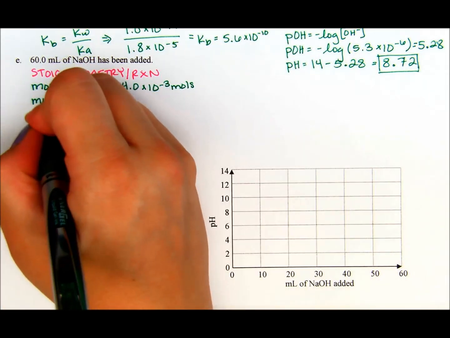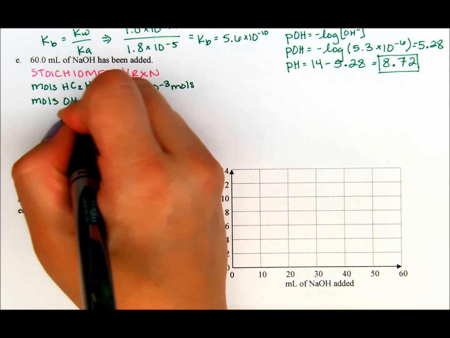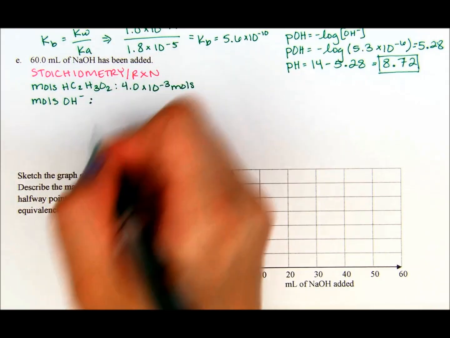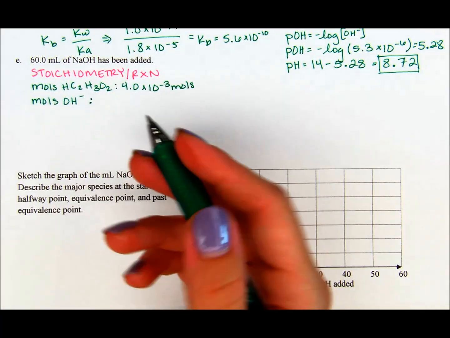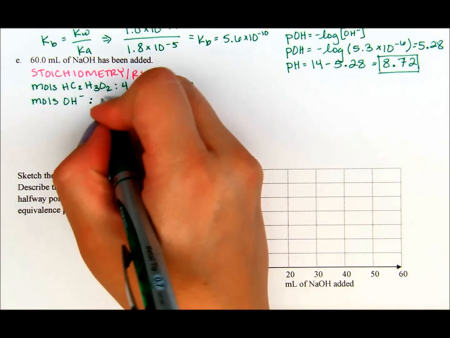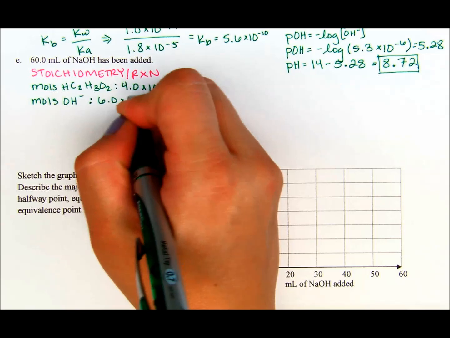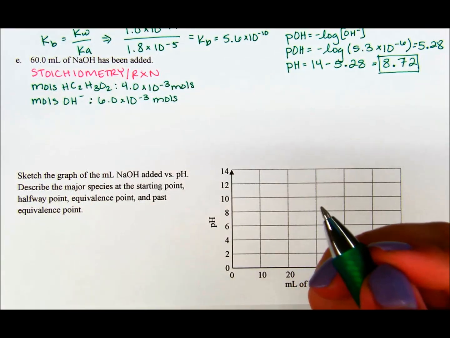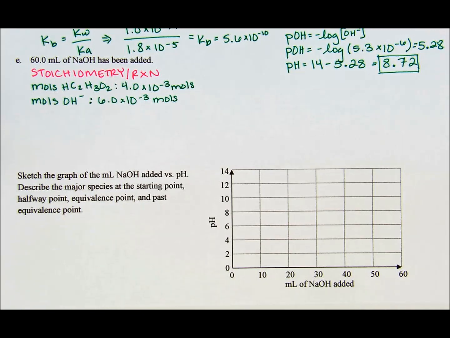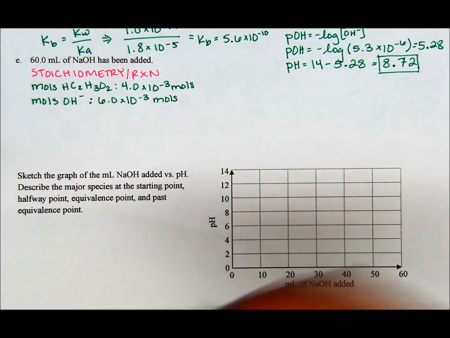And then moles of hydroxide. So when you multiply the 0.06 times the 0.1 molar, you end up getting 6.0 times 10 to the negative 3 moles. And we're just calculating that the same way that we've been calculating all of the previous problem steps.